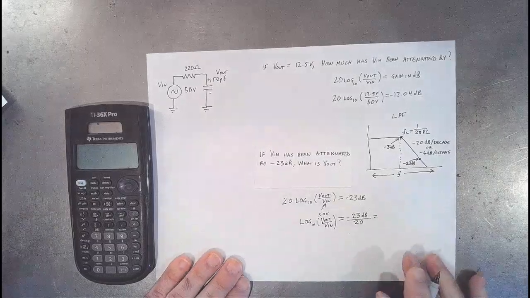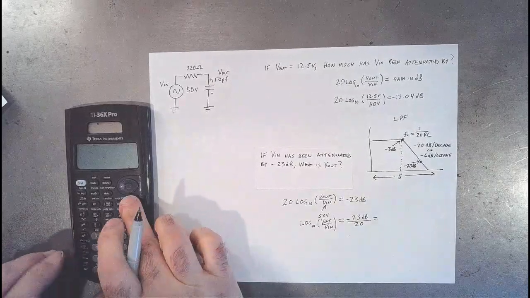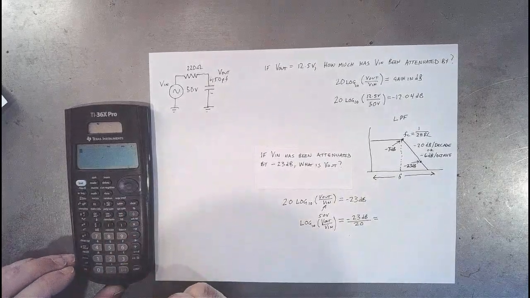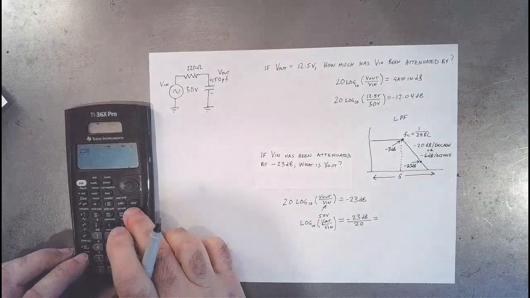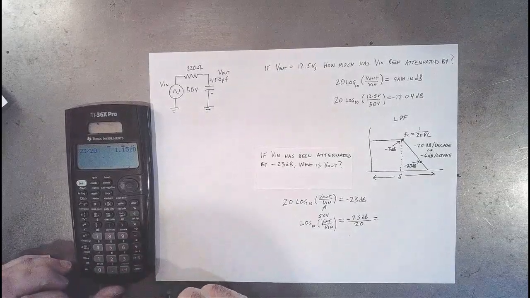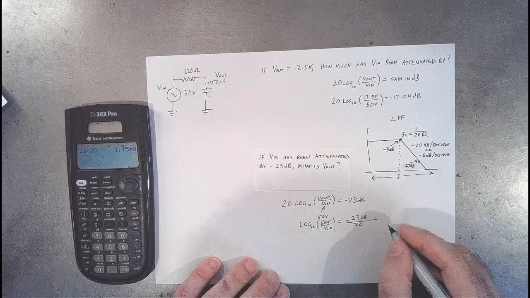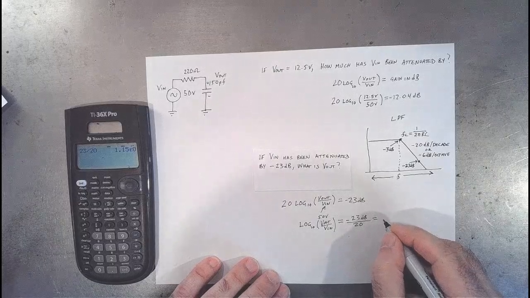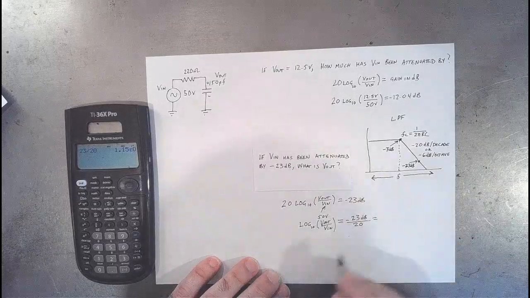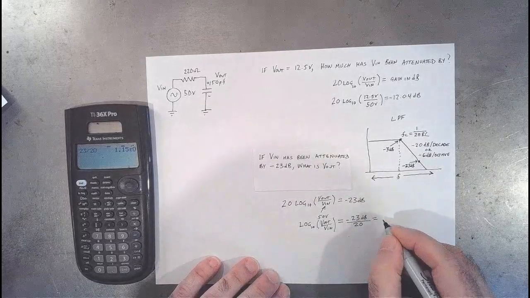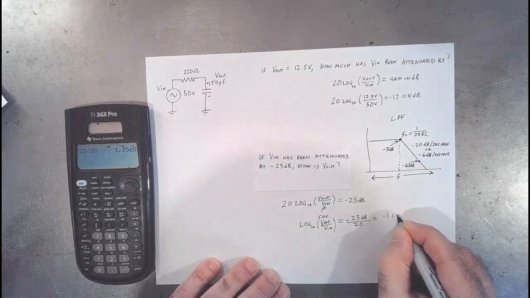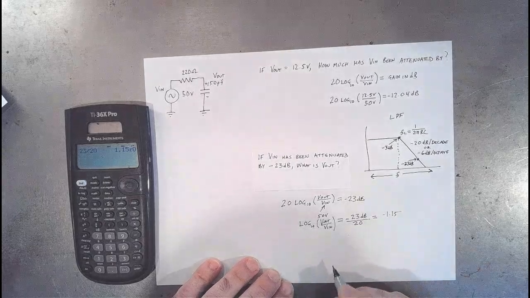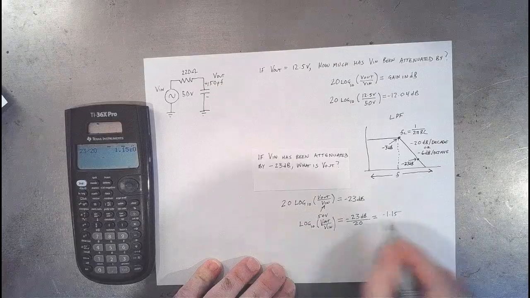Okay. So let me figure out what that is. Did I get that right? Yes. Minus 1.15. Okay, so I'm going to rewrite this so it doesn't look so messy.